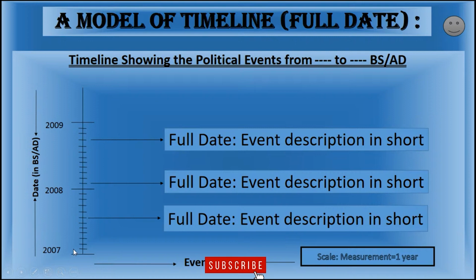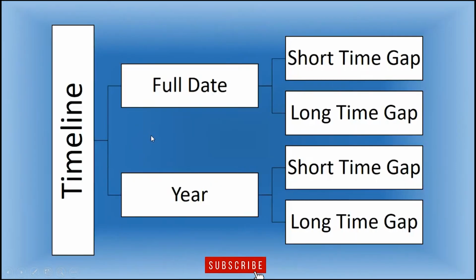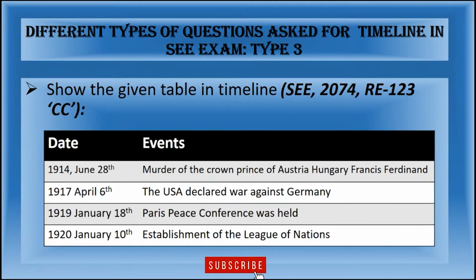Okay, but there can be some problem if in a full date timeline there is a long time gap. What to do? Like in a full date timeline, if there is a short gap, like 14, 17, 19, 20, means you can make a timeline from 14 15 16 17 18 19 20, 6-7 inches you will have, so you can keep it in your copy very easily.